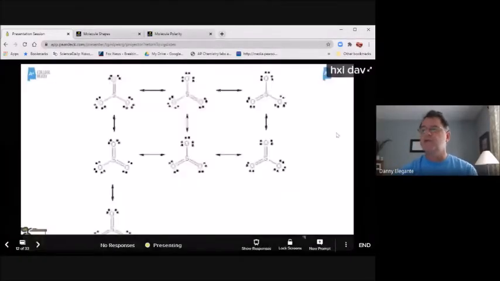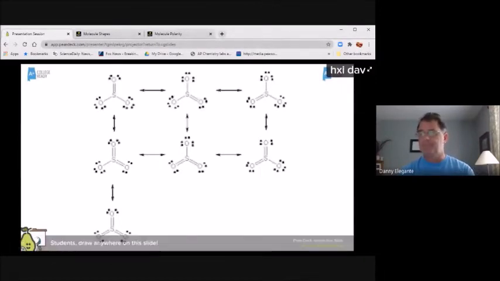So these are all different Lewis structures for SO3. So if you could, I'm going to let you draw on there. Try to draw the formal charge of sulfur on each and every single one of those diagrams. So when you draw, try to make it small. But for each one, try to give me the formal charge for sulfur. Just so you know, sulfur has 6 valence electrons, just like oxygen does.